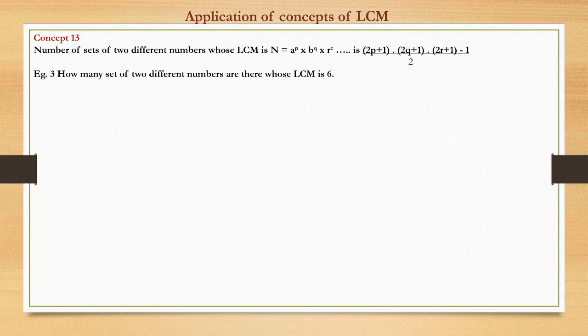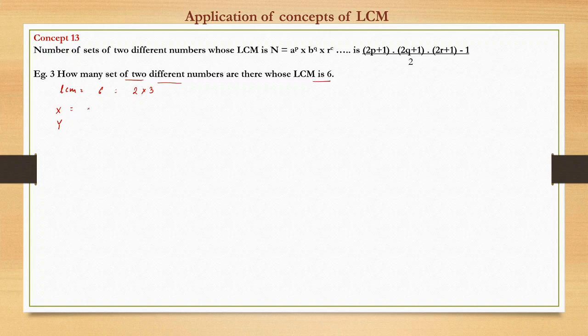Now we'll move to some different type of concept. Now the question is, how many sets of two different numbers are there whose LCM is 6? So LCM is given as 6, that is nothing but 2 into 3. So we have to find the set of two numbers. Let the numbers be x and y.